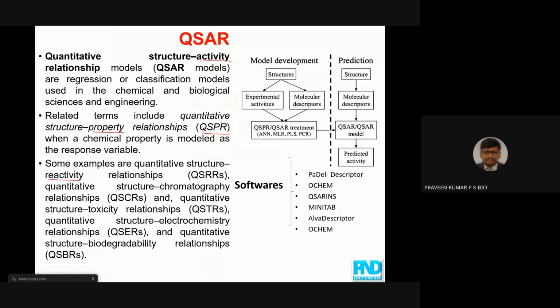Especially in enzymology, you know that when a ligand and receptor bind, it is a reversible reaction. A ligand-receptor complex is formed. If you keep k1 as the forward reaction constant, this is the backward reaction constant.